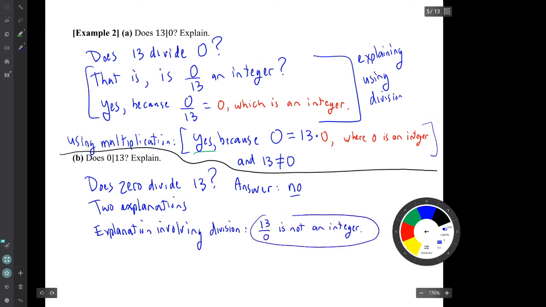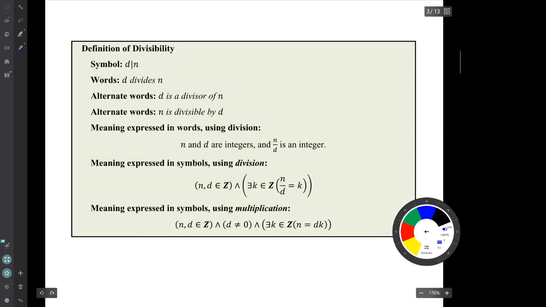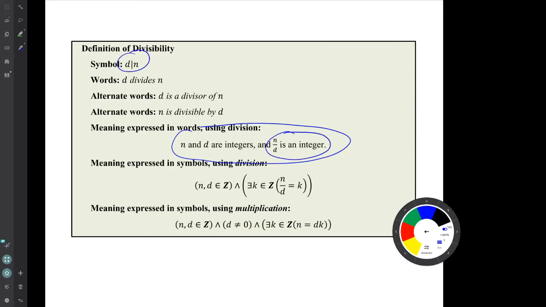So this explanation is in the language of our first way of defining divisibility. This way. To say that d does divide n means that n divided by d is an integer. So if this is not true, that means that that symbol is not true.